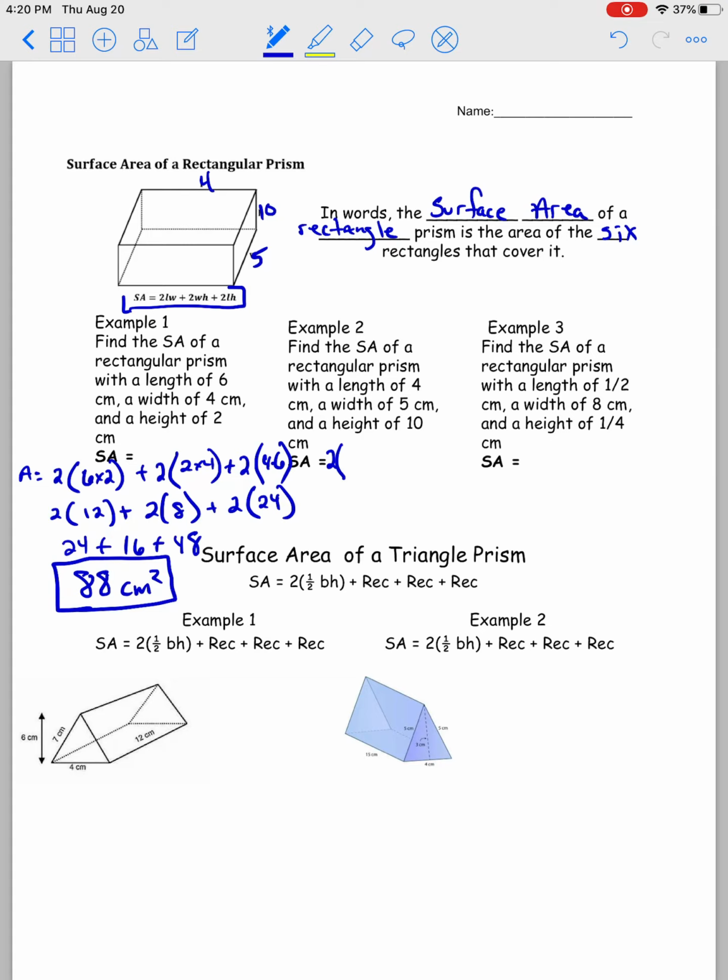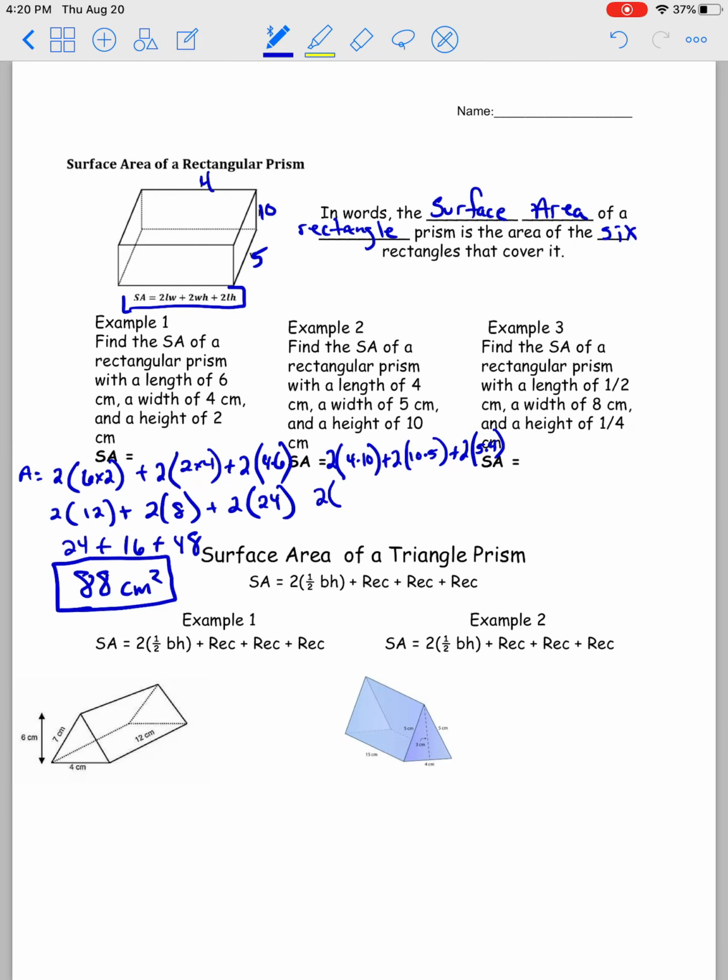Again, it's 2 times 4 times 10 plus 2 times 10 times 5 plus 2 times 5 times 4.